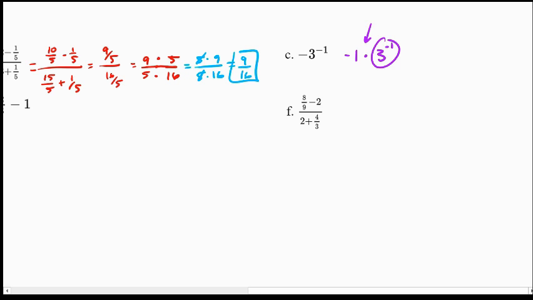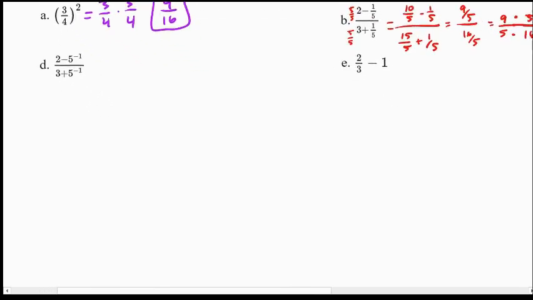So if I change 3 to the power of -1 to its reciprocal, because that's what negative exponents do, it's -1 times 1/3 to the power of +1, which is just 1/3. Now if I multiply those together, I see that C is -1/3.